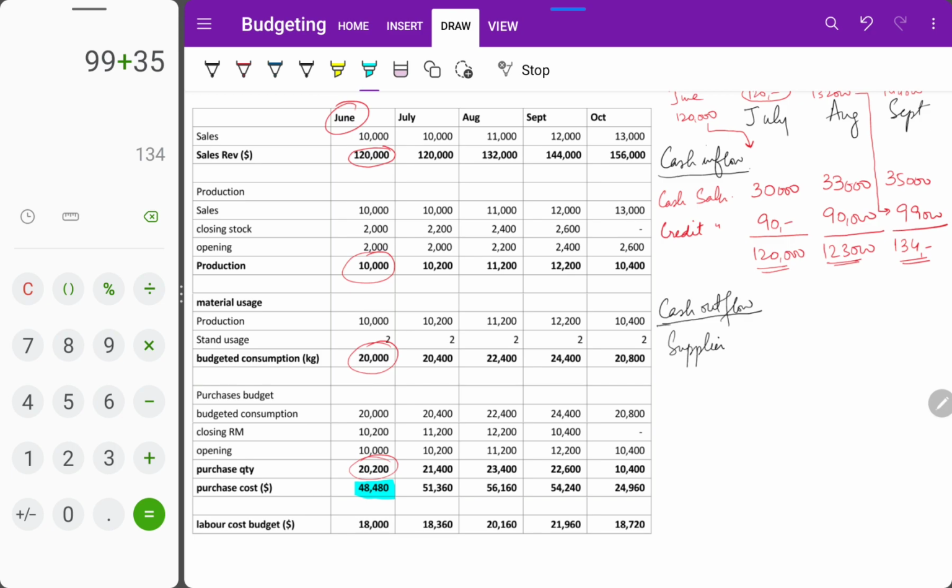So this 48,480 the company will buy in June, but will pay in July. So 48,480 is the first payment, 51,360 is the second payment, and 56,160 will be the third payment.